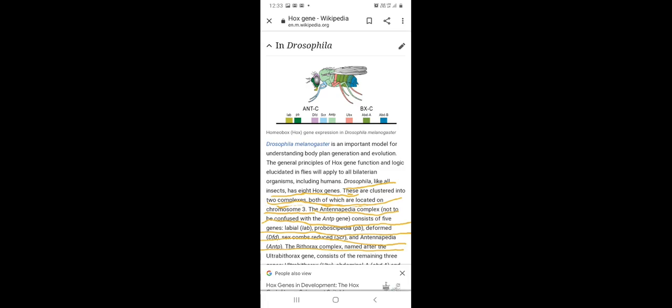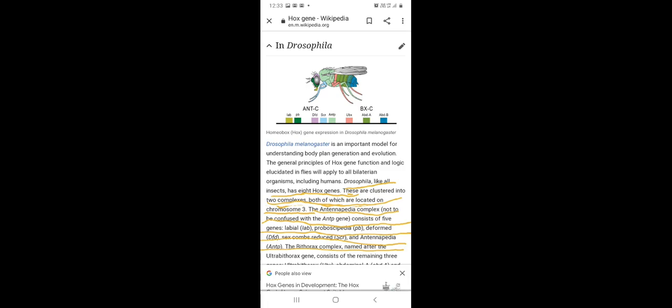If I name them, they are antennapedia, labial, proboscipedia, deformed, sex combs reduced, and the bithorax complex has the ultrabithorax gene, abdominal A gene and abdominal B gene. So the bithorax complex has 3 genes: ultrabithorax, abdominal A, abdominal B.